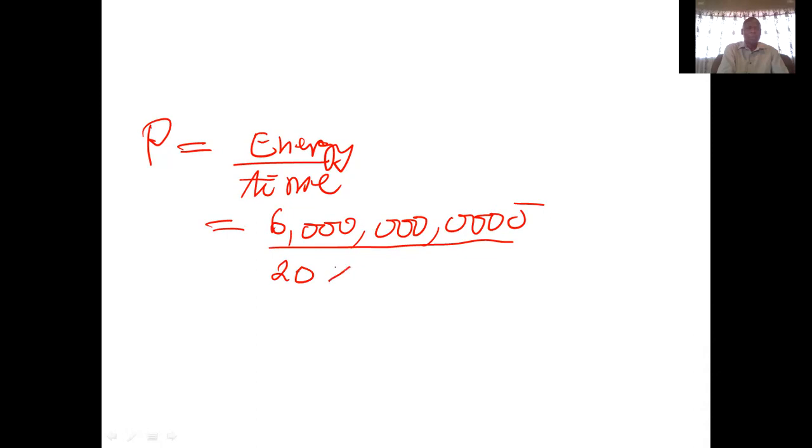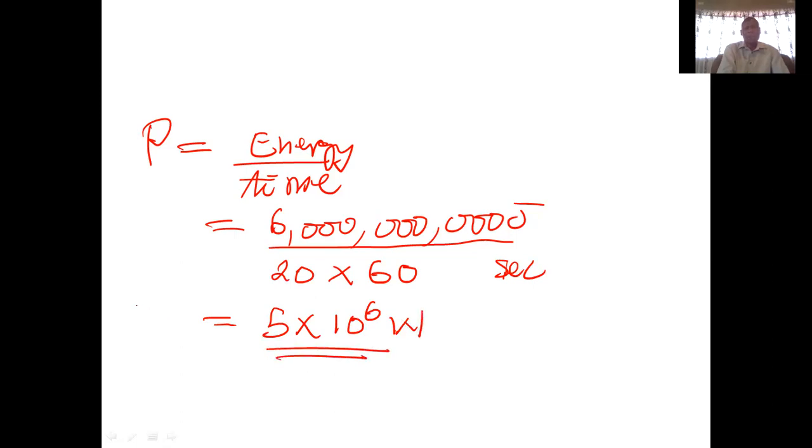To take it into seconds, you multiply by 60. So what you're going to have is 5 multiplied by 10 to the power 6 watts. So this is the power that is produced.